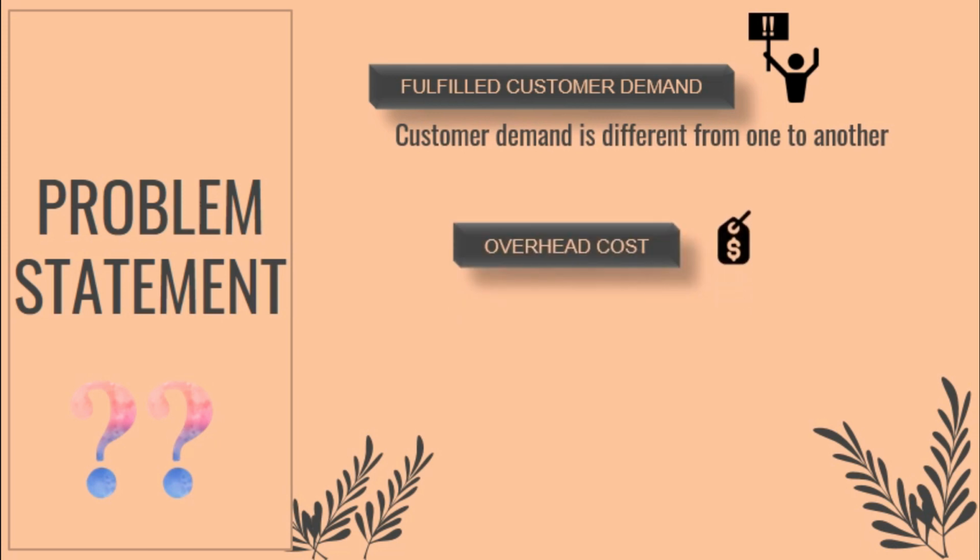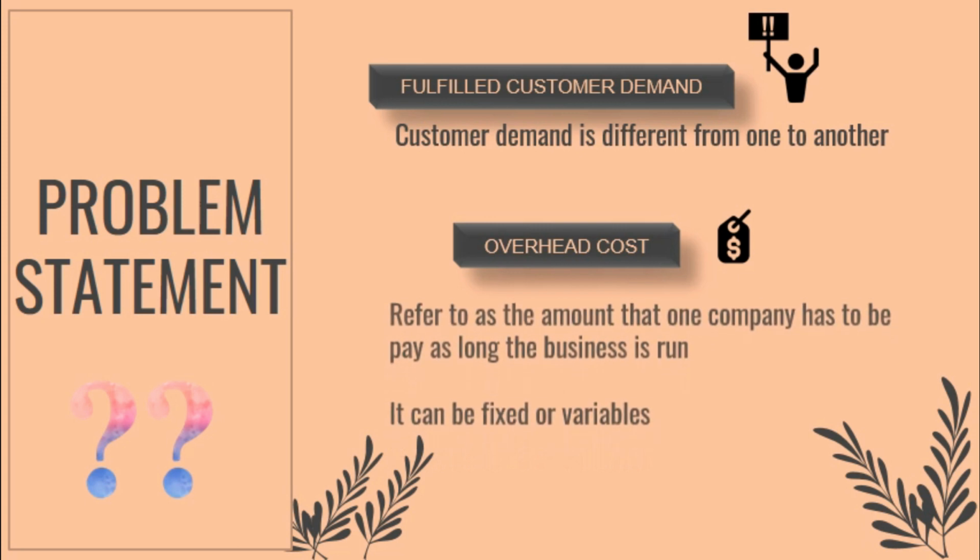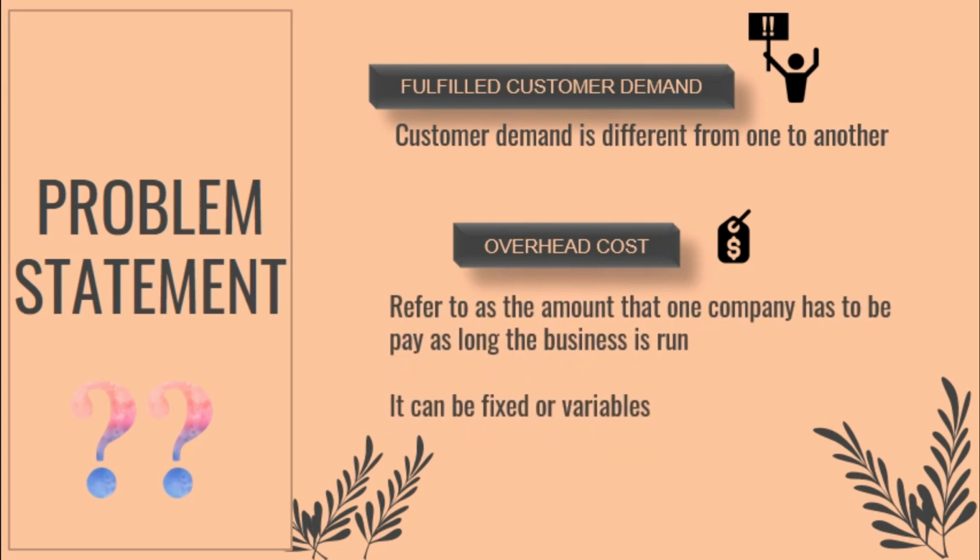The second one is overhead cost. Overhead cost refers to the amount that a company has to pay as long as the business is running. The overhead cost can be fixed or variable. Examples of fixed cost are the salaries of the workers and the rental of the building.